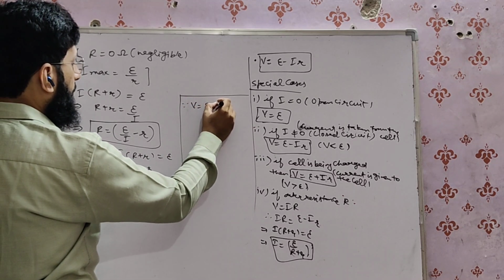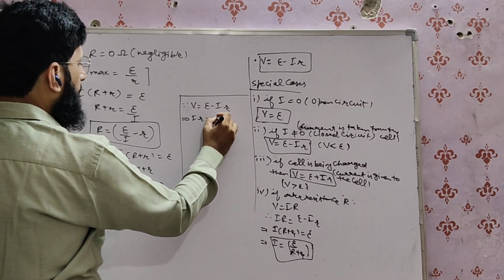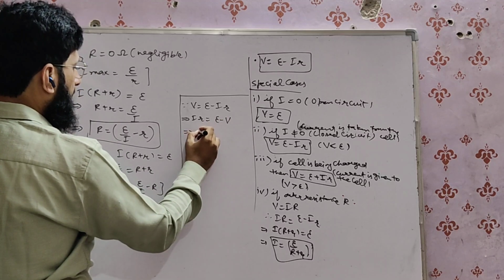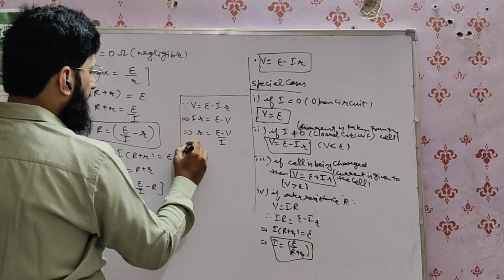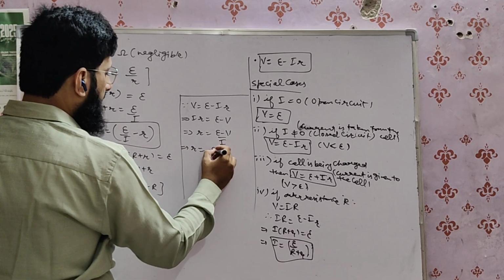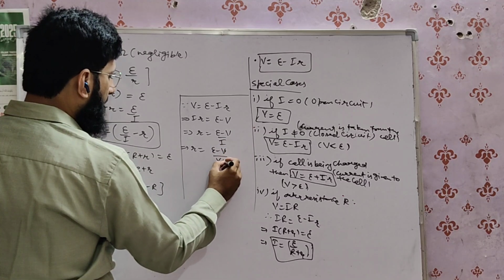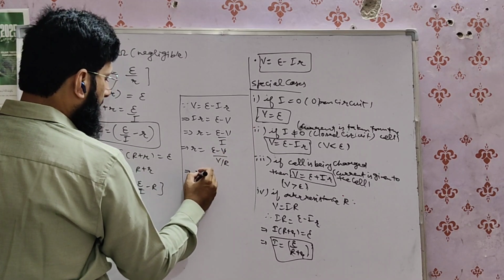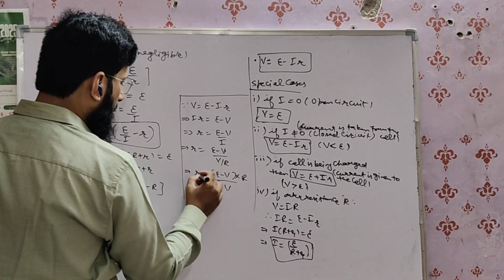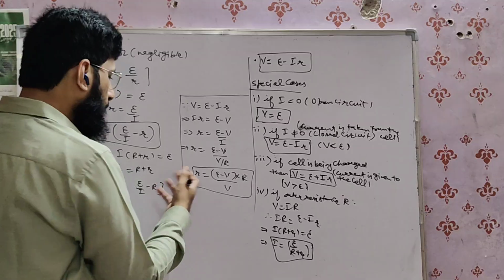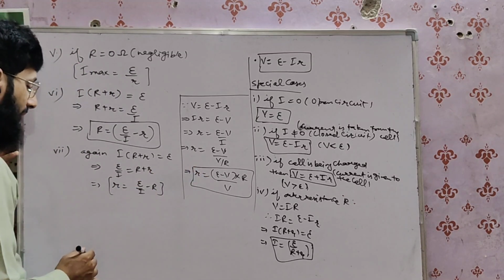We know that V is equal to E minus Ir. So Ir is equal to E minus V, implies r is equal to E minus V upon I. Using Ohm's law, E minus V upon I. So I can be written as V upon R. Final equation: r is equal to E minus V into R upon V. We can use this formula for internal resistance. This formula and that formula.